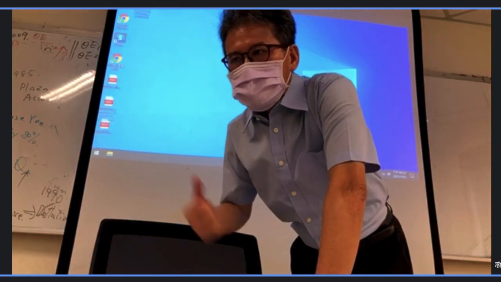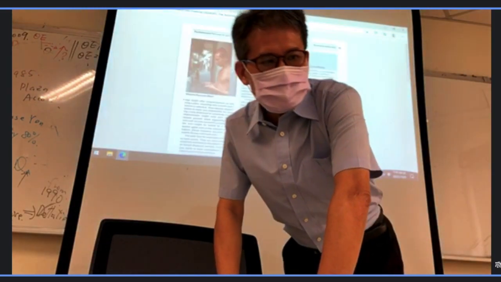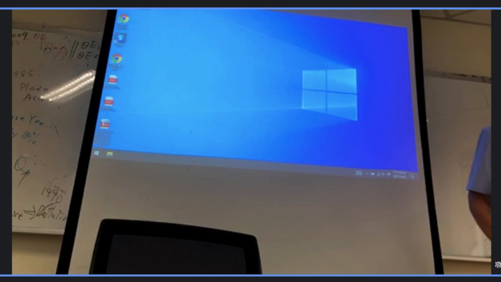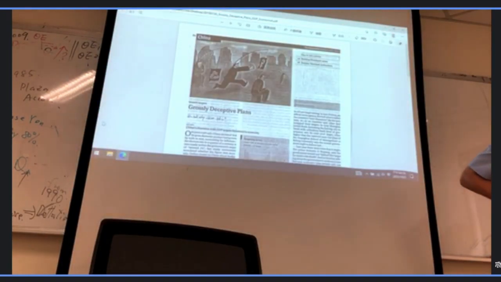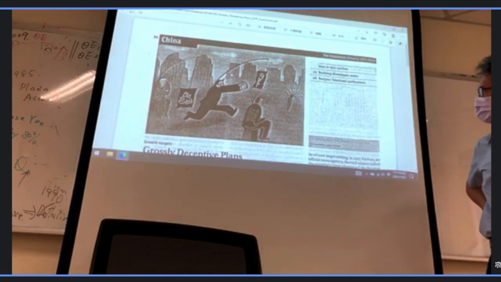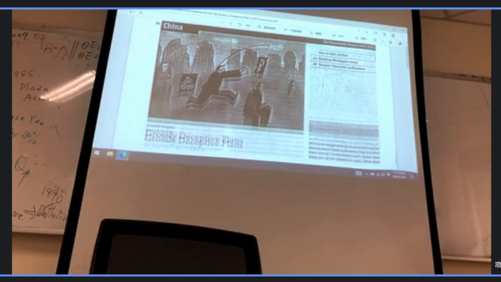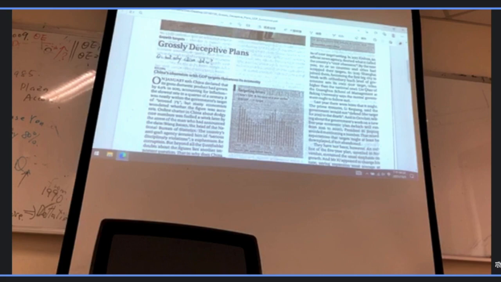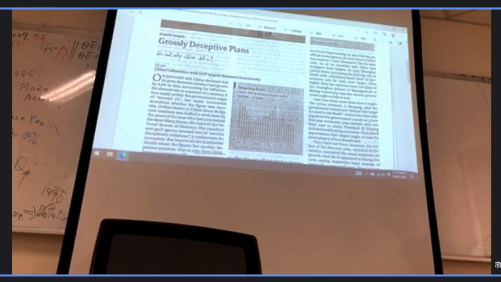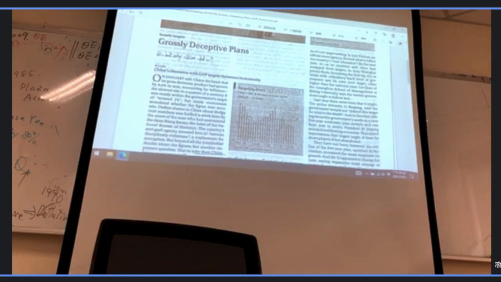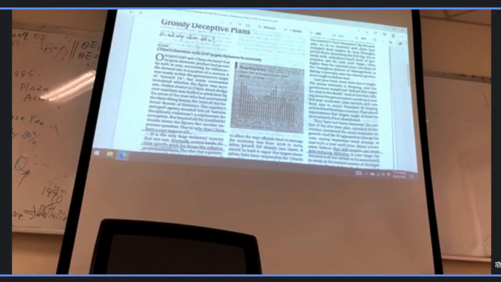Then since we are looking at the screen, so we talk about the Evergrande. Look at the GDP, the grossly deceptive trend. So at that time, I just copied the magazine. I didn't look at it online.